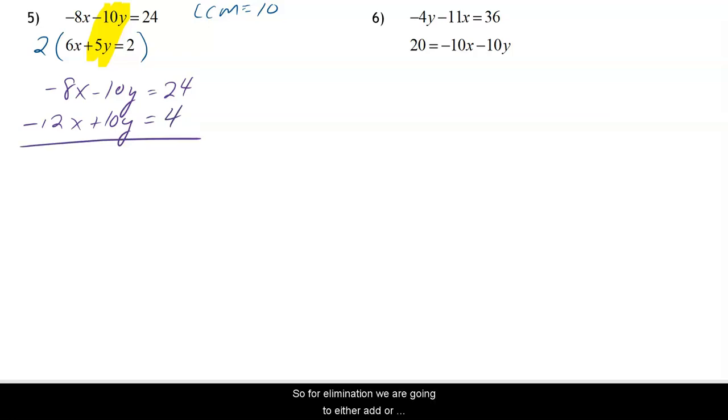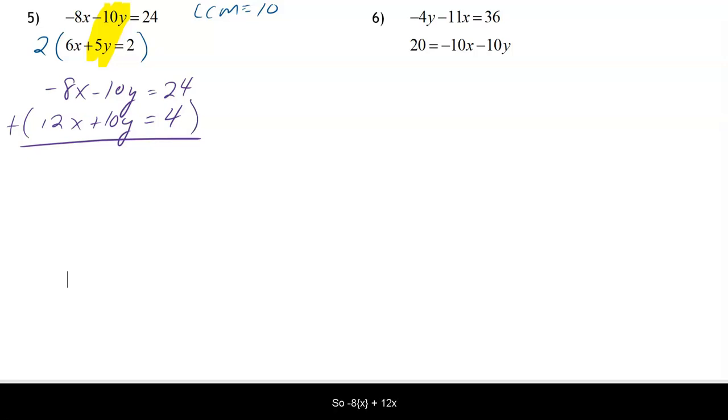So for elimination, we are going to either add or subtract our equations. That should not be a negative 12, that should just be a 12x. In this case, since our coefficients of y, one is a negative and one is a positive, we can add our equations together to get those to subtract out or cancel out.